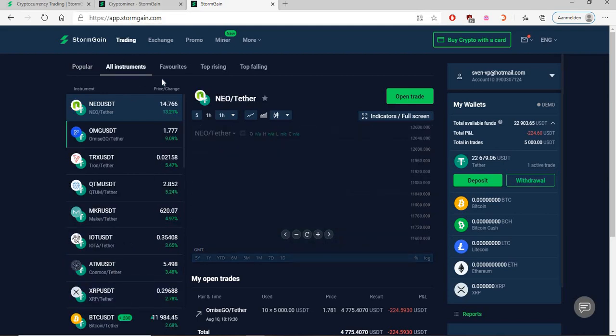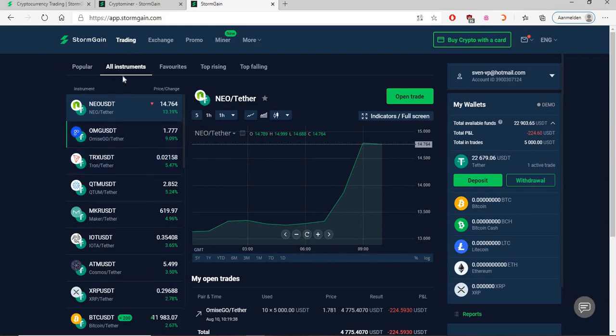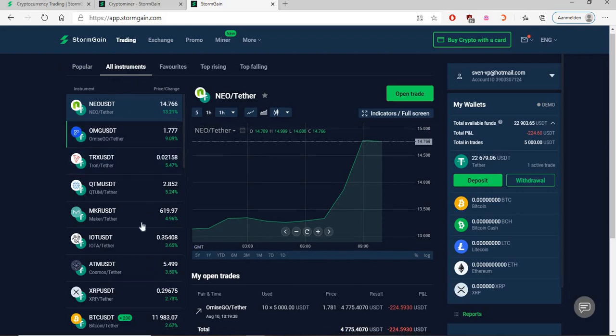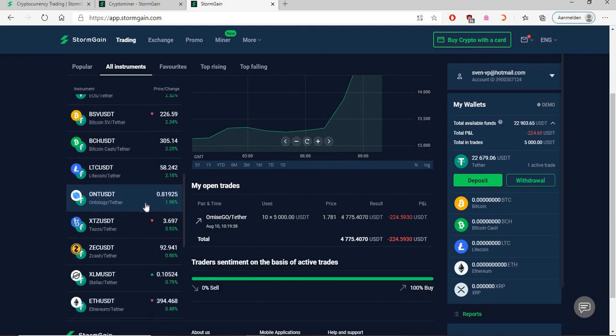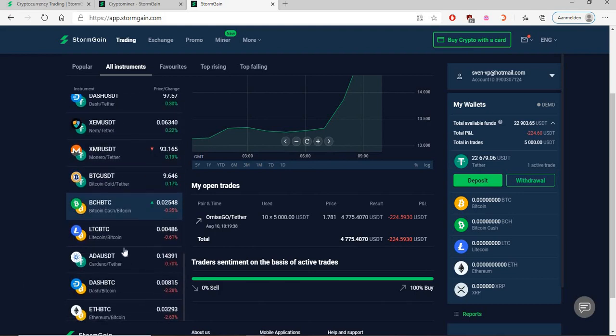Okay, that was the popular ones. Now I'm going to look at all instruments. But if you look at all instruments, the first ones you can see are all Tether ones.